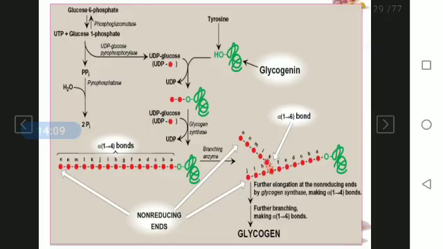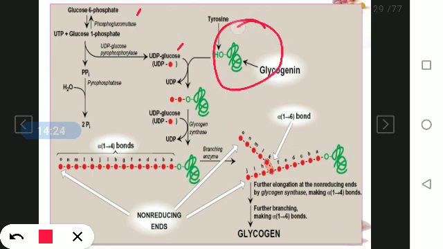So this is the overall pathway: glucose 6-phosphate is converted to UDP glucose, and that UDP glucose attaches to the tyrosine OH of glycogenin, which is called the initiator. Then it will form a primer. That means 7 to 8 glucose residues will attach to this glycogenin tyrosine initiator.